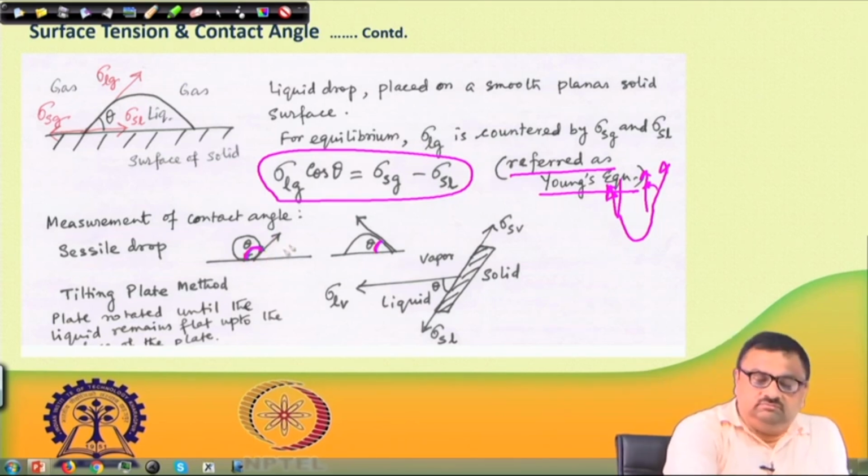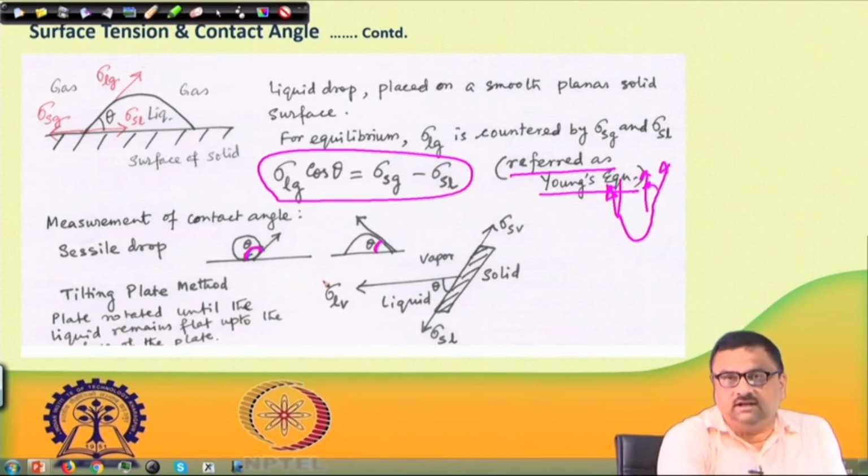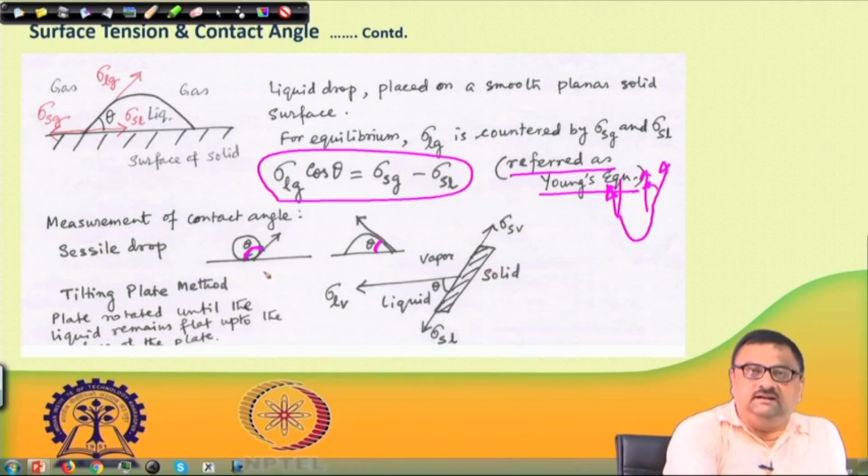It depends on what the substrate is and what liquid we are looking at. There are ways to measure this contact angle. One is by directly taking the photograph and doing image analysis. There are other ways of doing it.